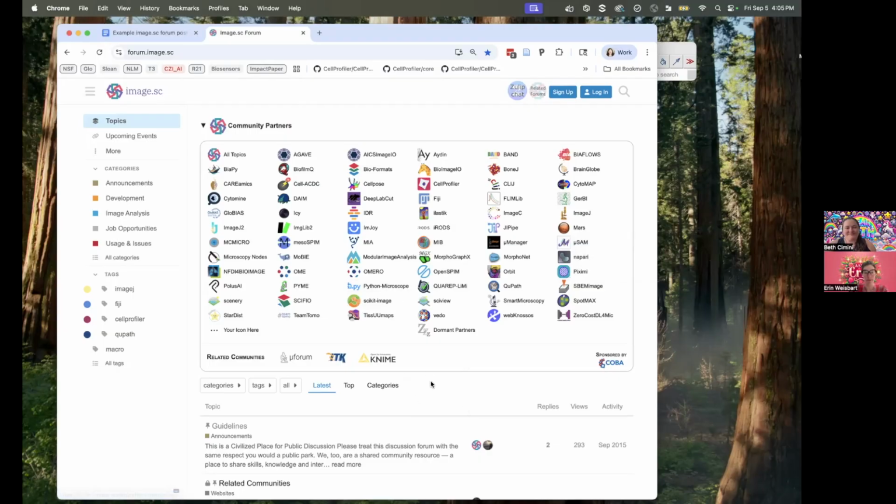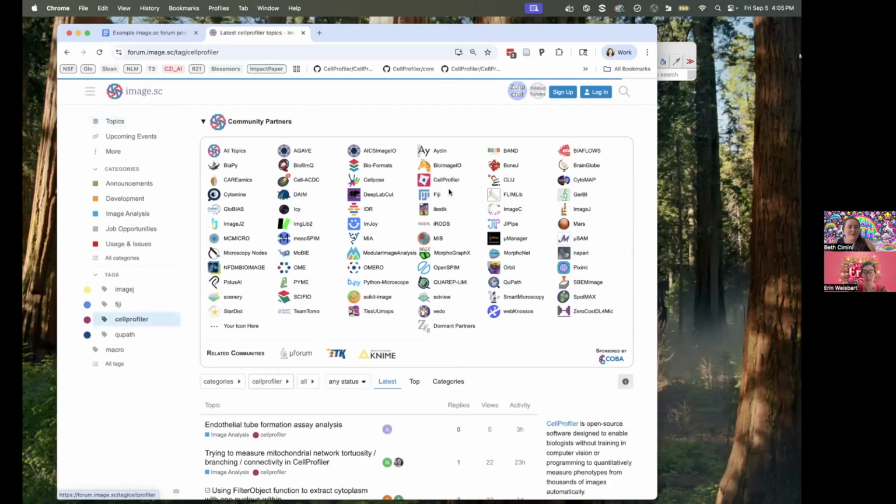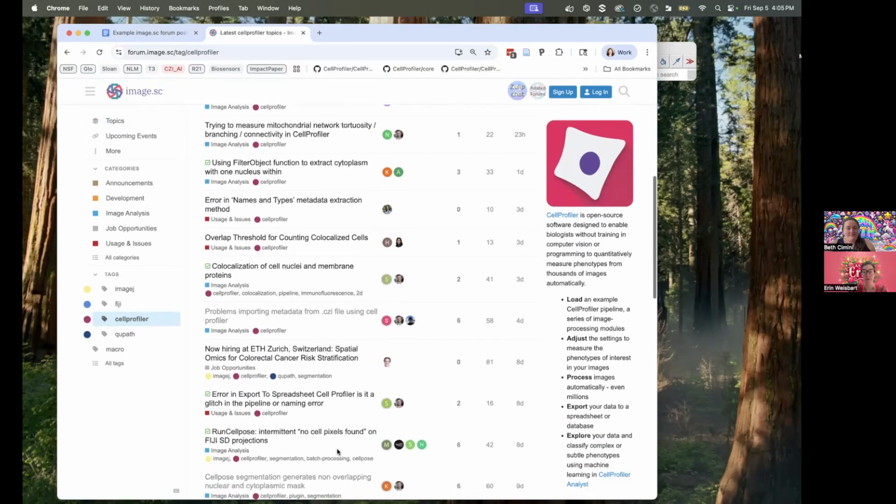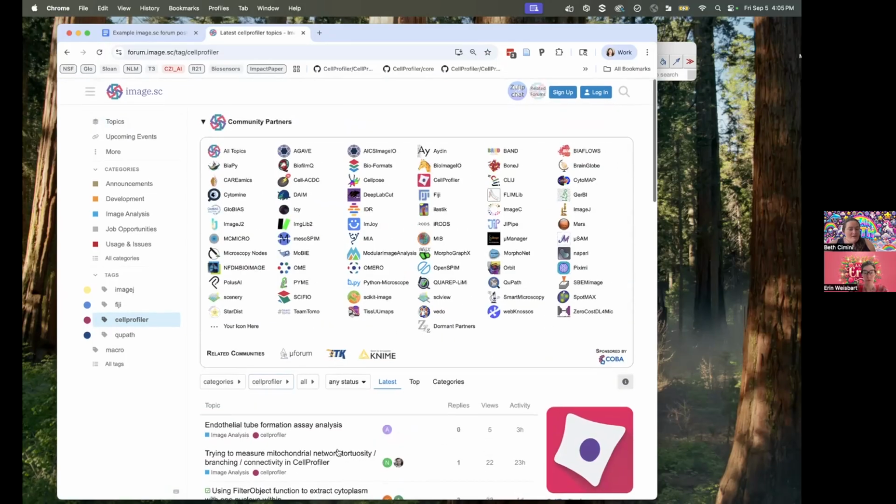That's wonderful. If you know what tool you want to use, you can click on an individual tool and find all of the things just for that tool. Which is great if you already know what you're doing, but you can also just post in one of these other categories.